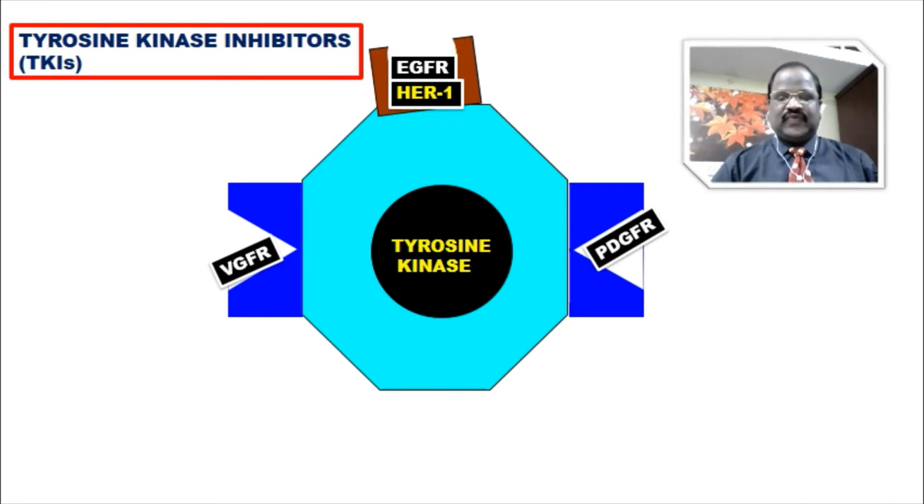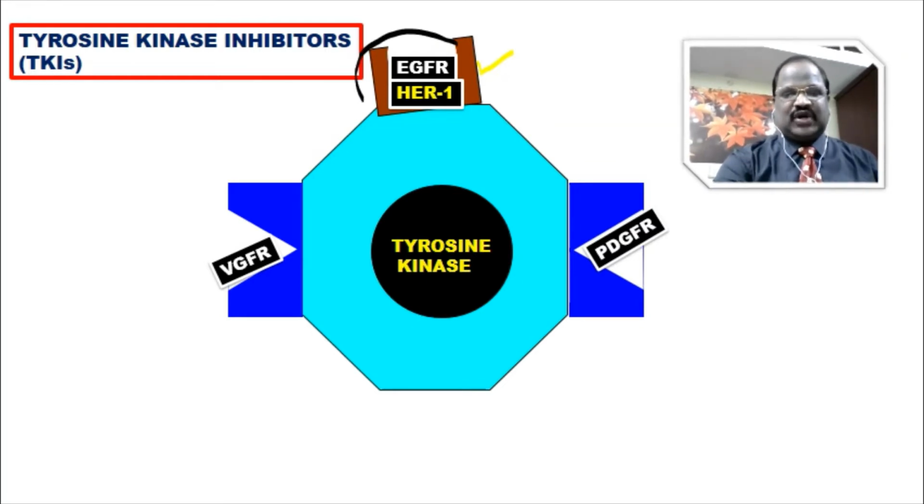When I say growth factor receptor, you should know there is something called epidermal growth factor receptor. It is also called HER, human epidermal growth factor receptor 1. So, EGFR is also called HER1 receptor.